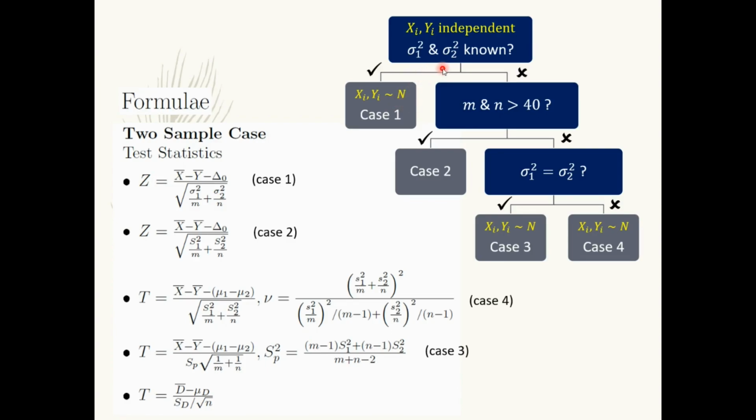On the other hand, if you realize you don't actually know what sigma squared is and you have to use the estimates, then you first need to verify whether the sample sizes are large or not. A large sample size is when m and n, both of them, are greater than 40. If they are, then you have case 2. Notice that here I don't have the assumption of normality the way I have it above.